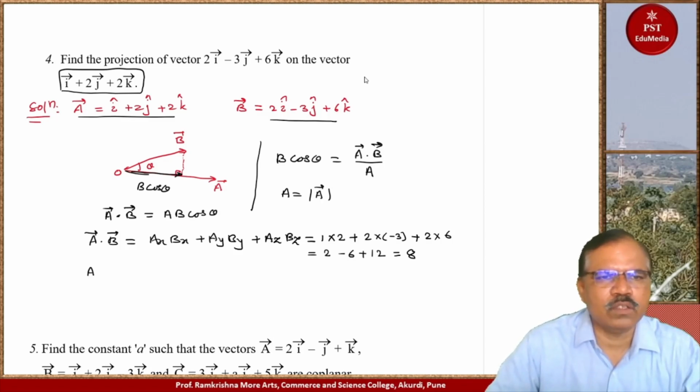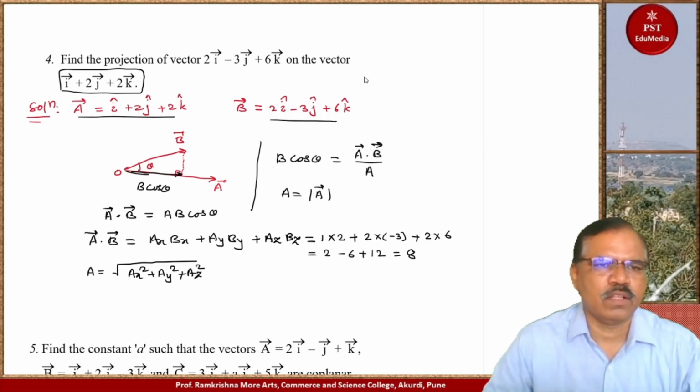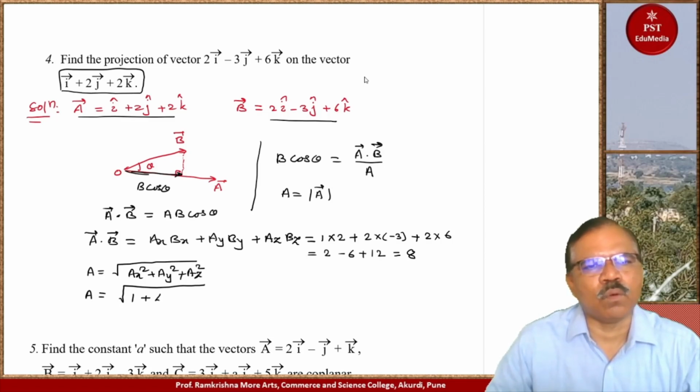And what is the magnitude of A? Magnitude of A is the square root of AX square plus AY square plus AZ square. So the magnitude of A is equal to the square root of 1 square, that is 1, plus 2 square, that is 4, plus 2 square, that is 4.